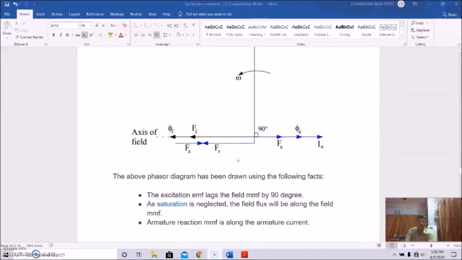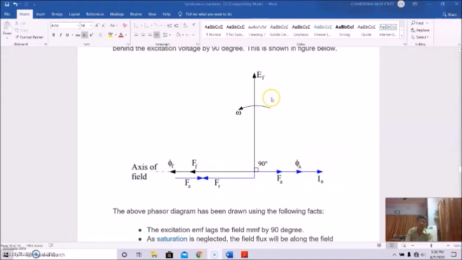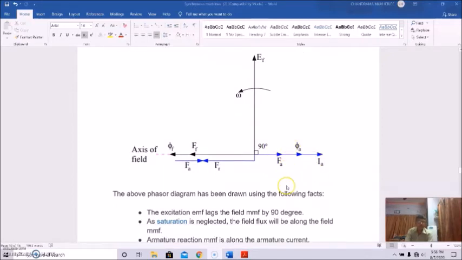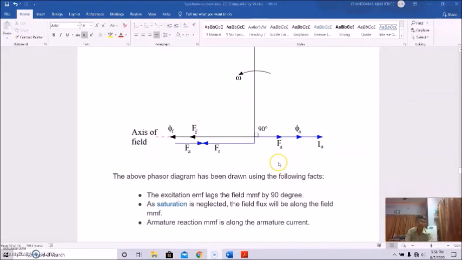Armature reaction MMF is along the armature current. So this is the armature current, which is lagging behind the excitation EMF by 90 degrees. This will be the armature MMF, FA, and the armature reaction MMF is of course along the armature current.